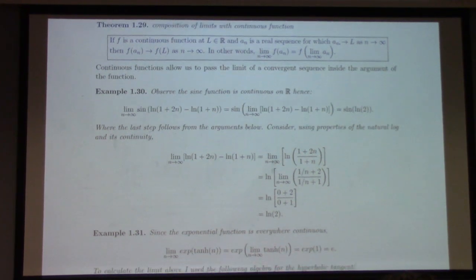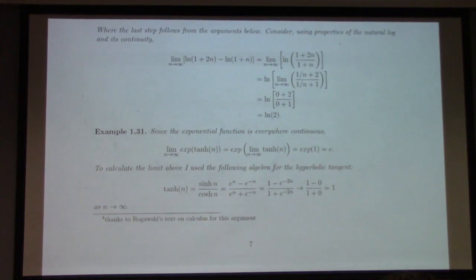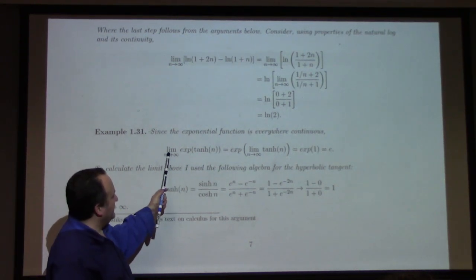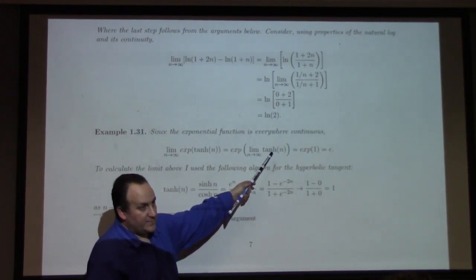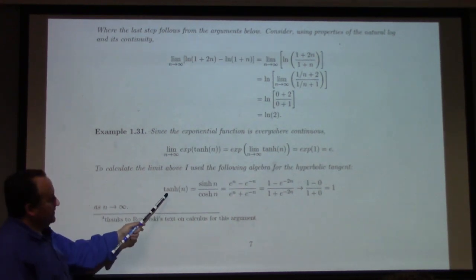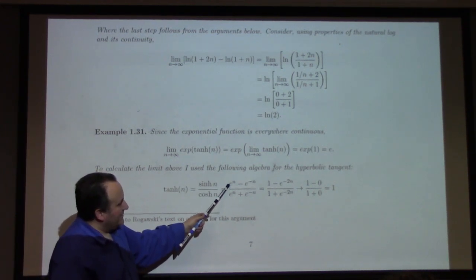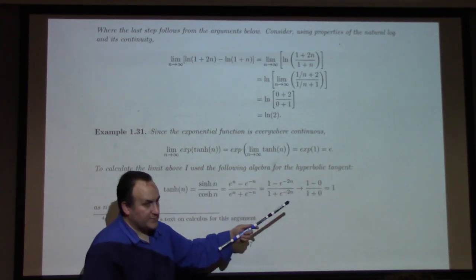We can also do arguments that are similar to the ones hopefully we saw in Calculus 1, right? Here's another one. The exponential function's everywhere continuous. That's super nice because I can pass the limit inside, and we know that the limit of the hyperbolic tangent is 1, because of this algebra down here: hyperbolic tangent simplifies by dividing through by e to the n. You get that, which then clearly limits to 1 minus 0, or 1 plus 0, which is 1.